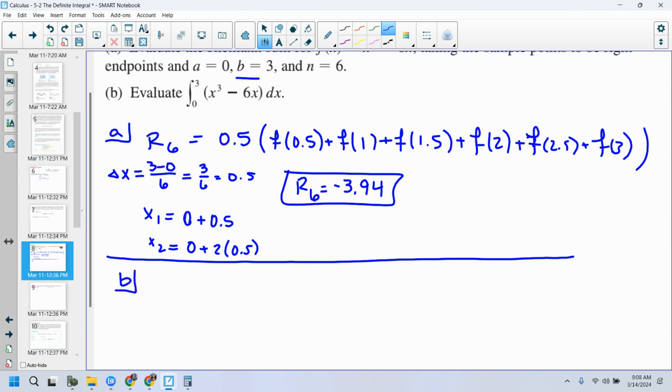Okay. If I wanted to evaluate the true value of the integral from 0 to 3 of x to the third minus 6x dx, I had said earlier that there must be some way the antiderivative plays a role. Like we talked about in referencing distance versus speed, right?